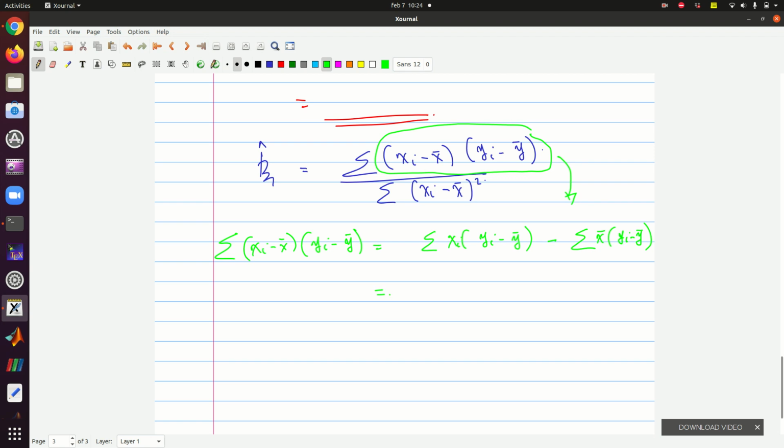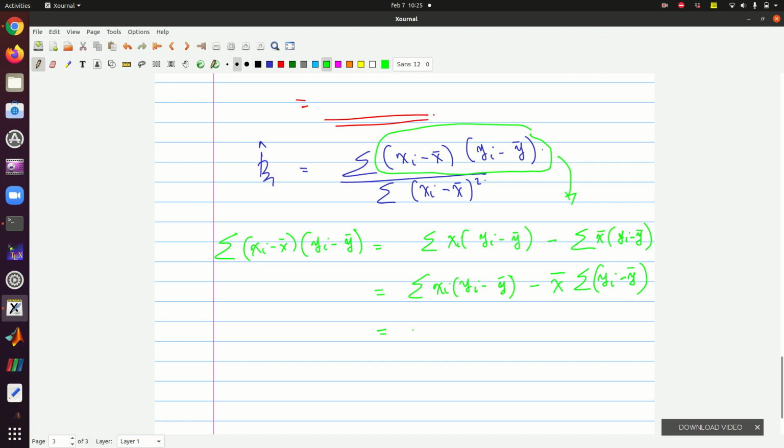And we can still write this as the summation of xi into (yi minus y bar), then minus, we can pull out the x bar because that is already a constant, the average. We already have a value for it and we can easily pull it out.